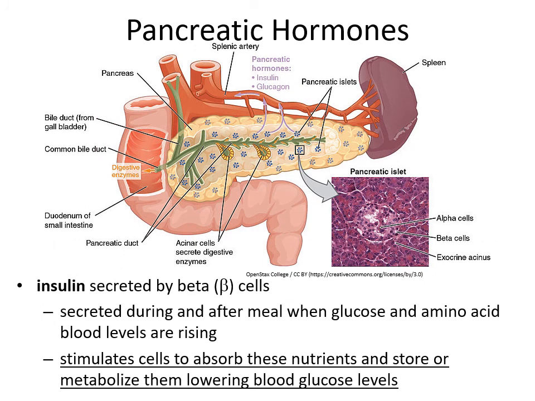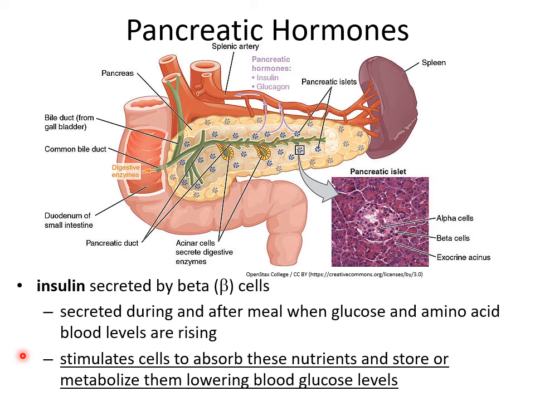As far as the endocrine function is concerned, the most famous hormone the pancreas produces is insulin. So beta islet cells produce insulin in response to increased sugar levels in the blood.